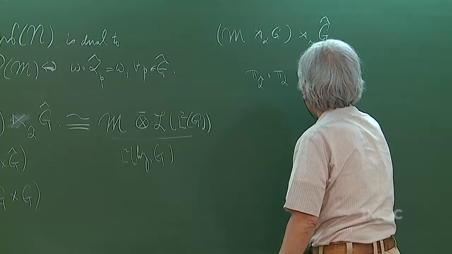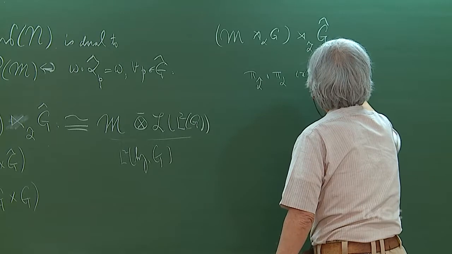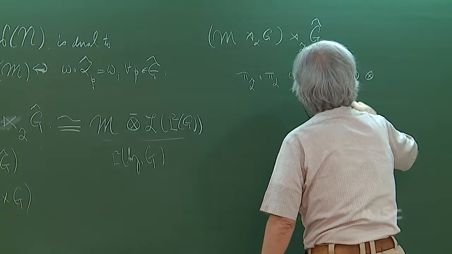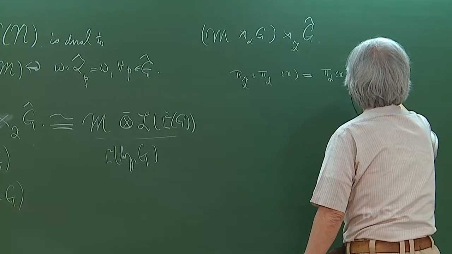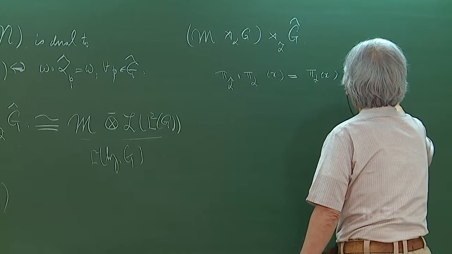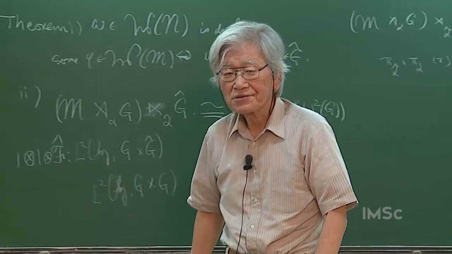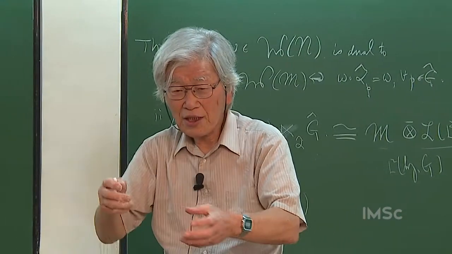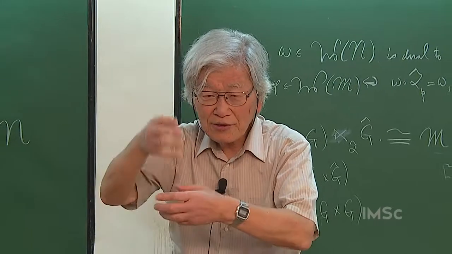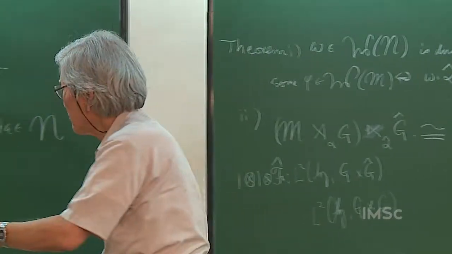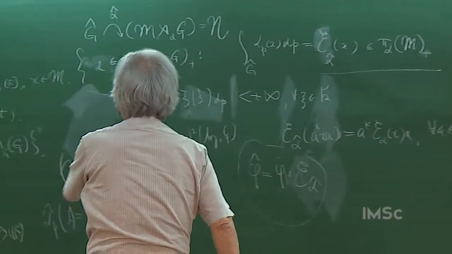This is pi alpha of x cross identity over L2 over G. Right, because G hat does not act on the original pi alpha of M. We observe that fixed point.